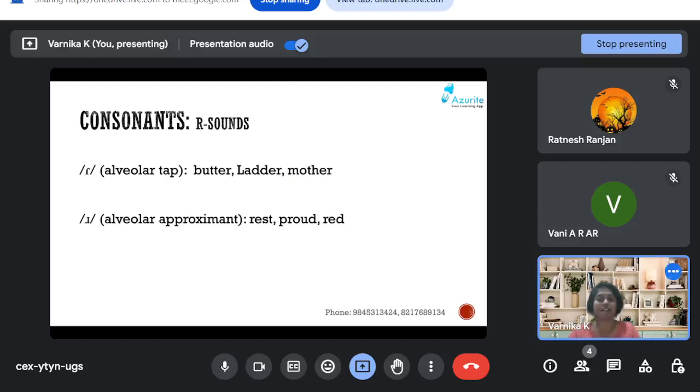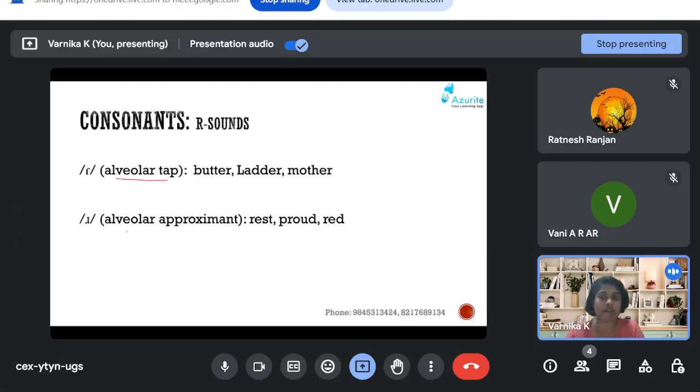Then you have difficult r sounds. You have two r sounds, right? We have different symbols in our native language, like Kannada and Hindi. We use different matras to say these sounds. For that, they have different names in English as well.